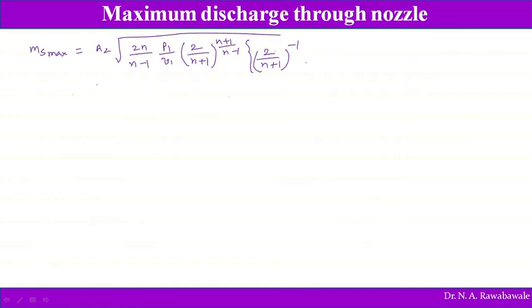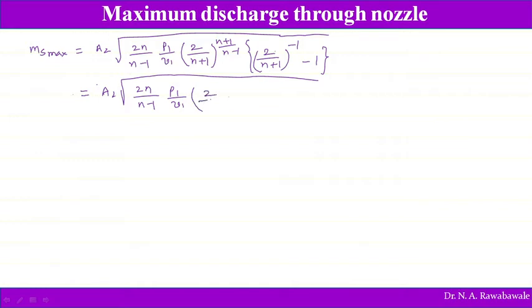Then after this we can rewrite this as A2 square root of 2n divided by n minus 1, p1 v1, (2/(n+1))^((n+1)/(n-1)).